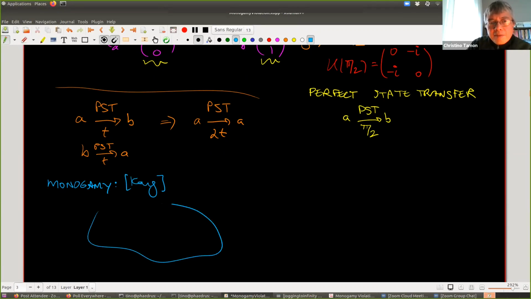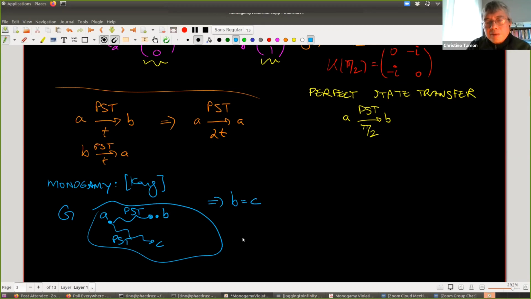If you have a graph where there is PST from A to B, and somebody tells us there is a PST from A to C as well, then there is no other choice: B has to equal C. But the caveat here is this is if we use adjacency matrices that are real symmetric.